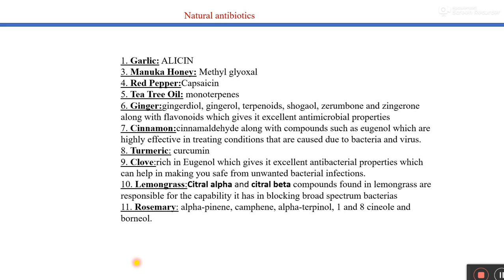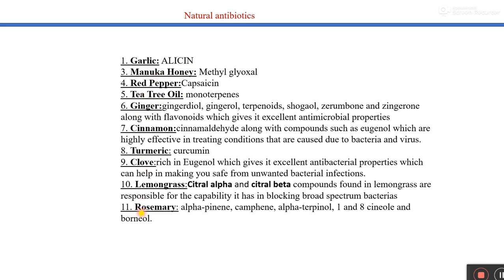Now, apart from the antibiotics which are derived from different kinds of microbes, there are some natural antibiotics also. These natural antibiotics are allicin, which is derived from garlic, and methylglyoxal, which is derived from manuka honey.